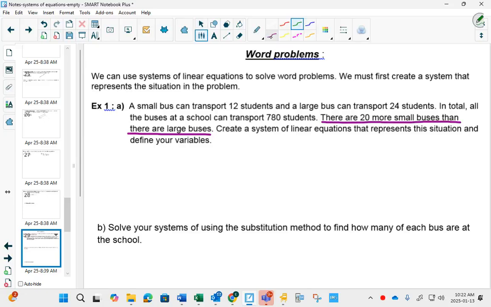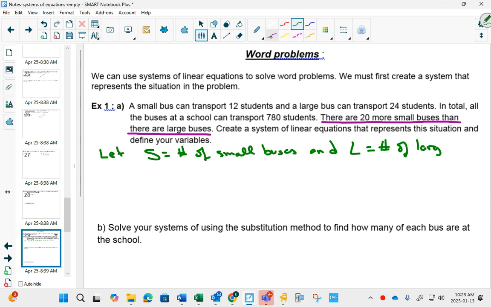I'm going to choose variables that I think help me remember what I'm talking about. Do those seem like good letters to use? S for small buses, L for large buses. We want to choose letters that, when we're doing our math, keep us grounded with what we're thinking.